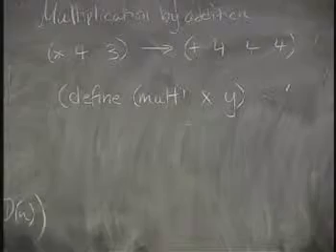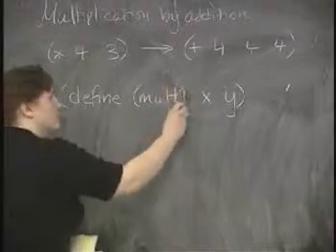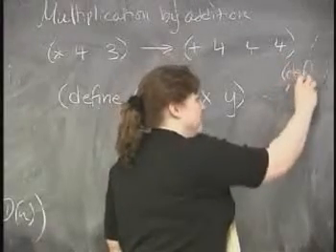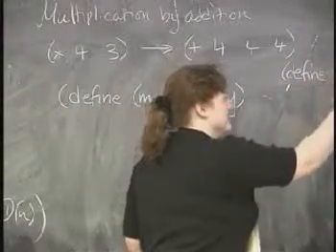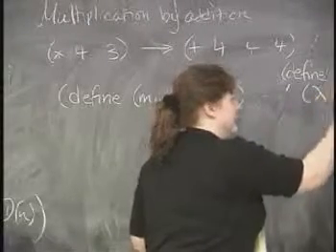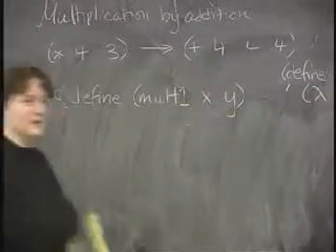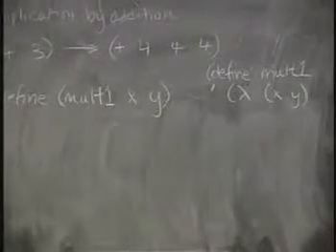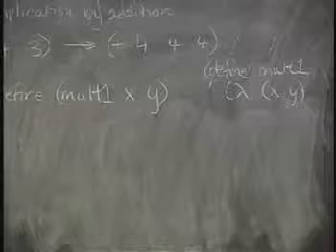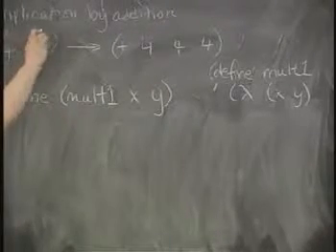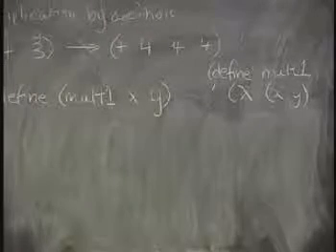Okay, we're going to define mult1 of x y. Just one last time, let me write it over here. That's the same as define mult1 lambda x y. Okay, just one last reminder. If we look at this 4 times 3, this will be our x, that'll be our y.